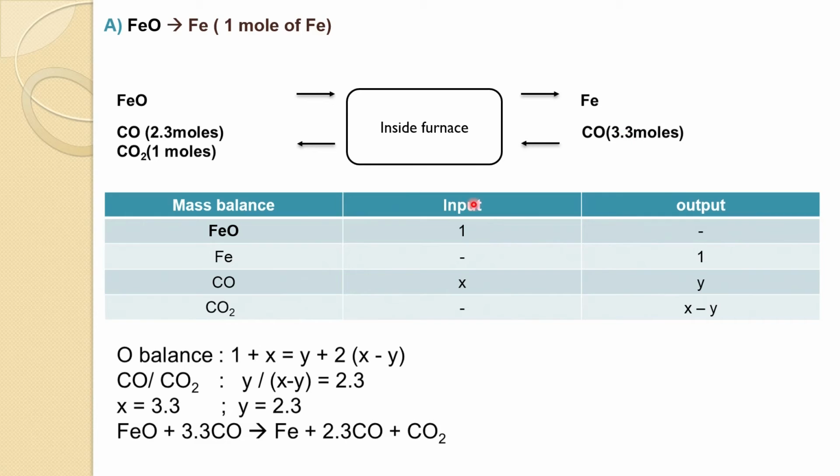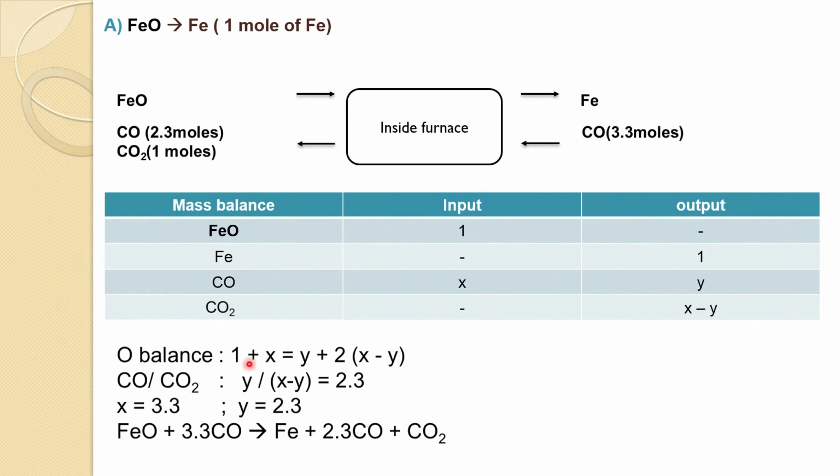So, x mole of CO gives you 1 mole of iron, y mole of CO and x minus y mole of CO2. If we do the oxygen balance again, 1 plus x equals y plus 2(x minus y).